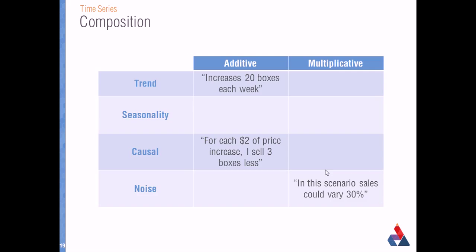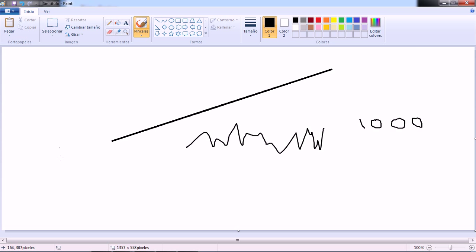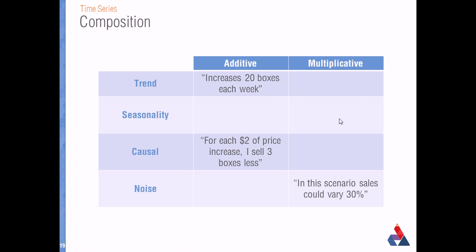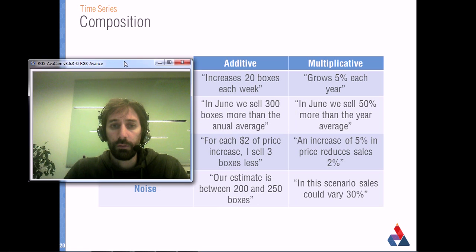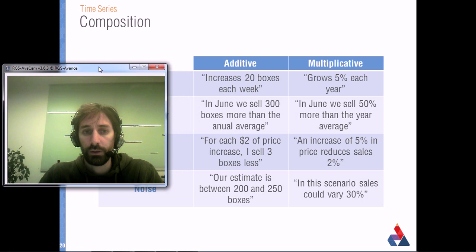Well, okay, going back to trend, multiplicative behavior is that you grow 3% every month, for example. So then you're going to have something that looks like this, which has kind of exponential behavior. And it's completely different from the trend that we saw before, right? So these are some examples you can get for each one of the behaviors on the additive and multiplicative side.